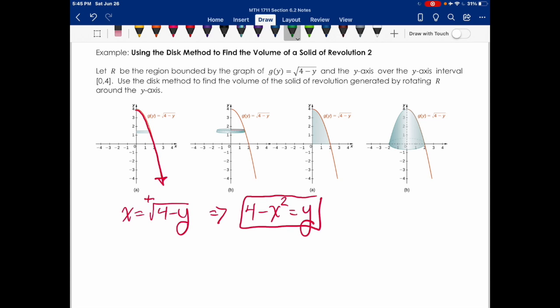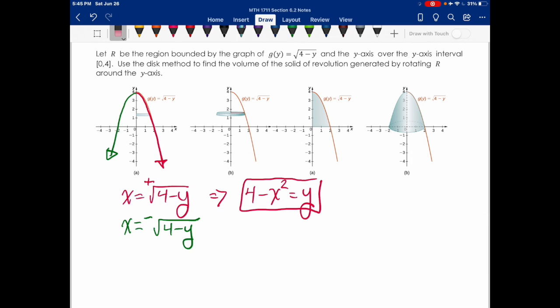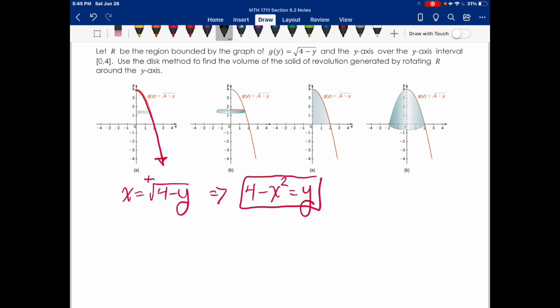This is a quadratic, and since we're only looking at the positive square root, we're looking at this side of the quadratic. Now, if the function said x is equal to negative square root of 4 minus y, we would be looking at this side.